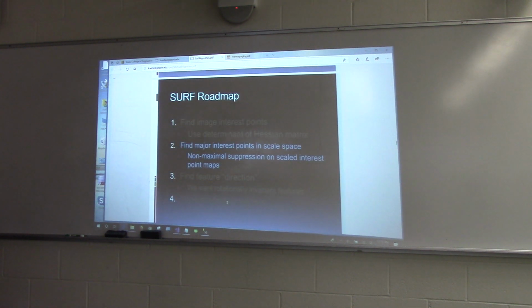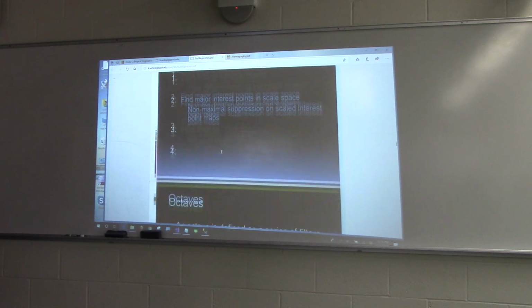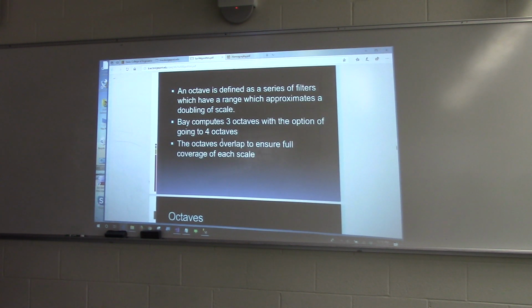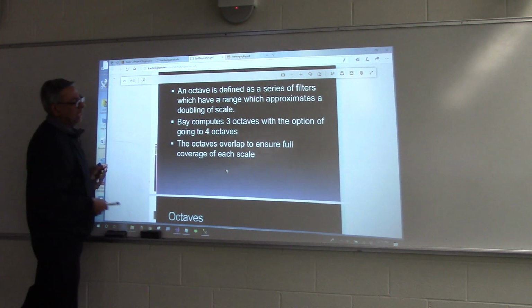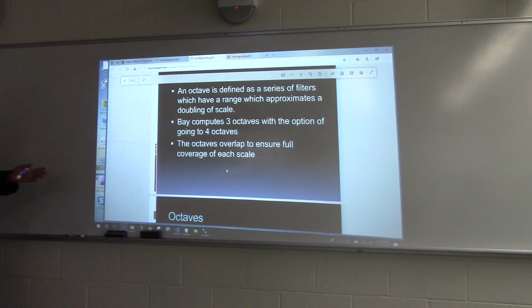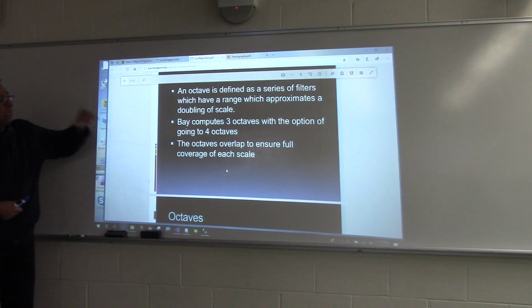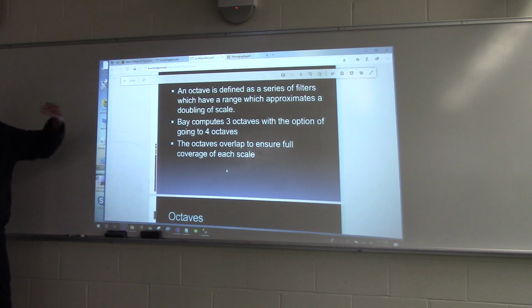Anyway, let me go to the next part now. Next part, as you can see, keep those features which still show up in scale space. And like I said, an octave basically means reduce the image in half. In the SURF algorithm, I forgot, they use 3 or 4 octaves, but anyway. Then for every octave, they'll apply 4 or 5 Gaussian blurs.